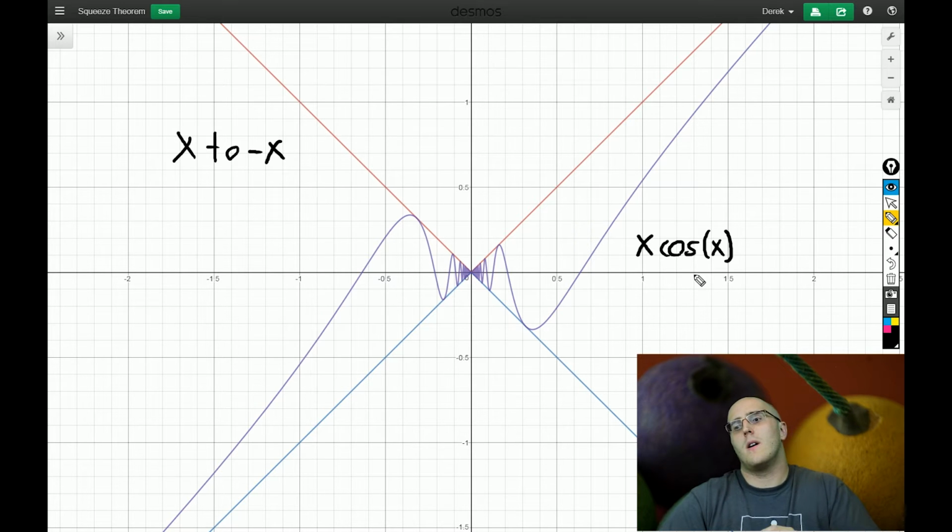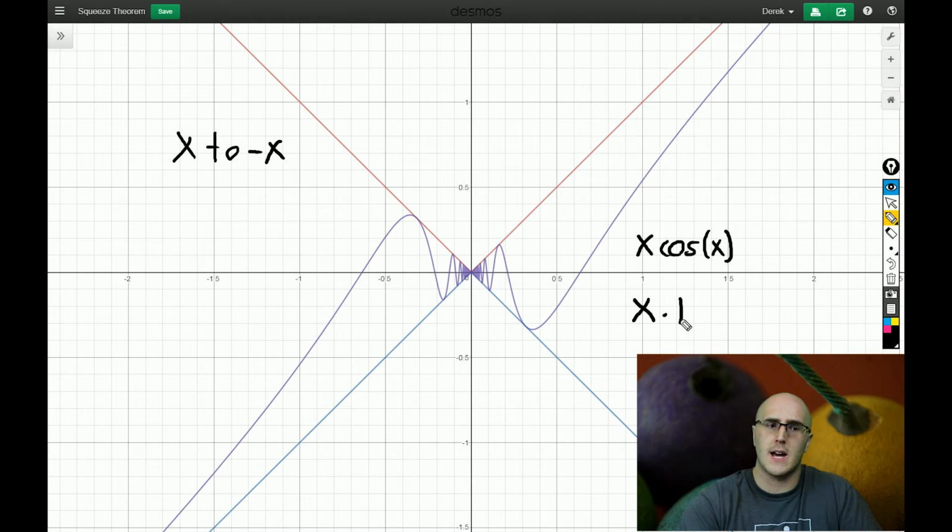First off, and most importantly, let's talk about the cosine of x term. Cosine of x has a range of negative 1 to 1. It can never have a value that's greater than 1. So even if we assume that cosine of x is always at its highest value, it's not going to be any larger than x times 1, which still falls within our range here.